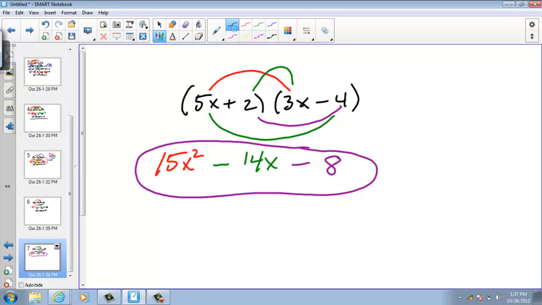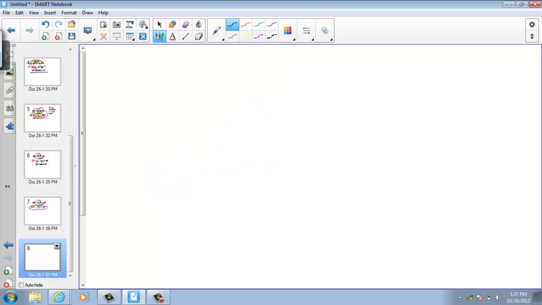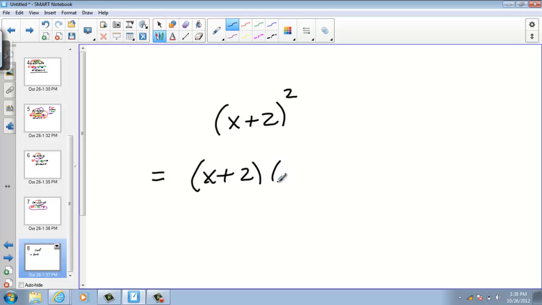What if you're asked to take a binomial and square it? Think about what it means to square something. That means 2 factors of that base. So x plus 2 times x plus 2. Well, now let's FOIL. Product of the first terms, x squared.